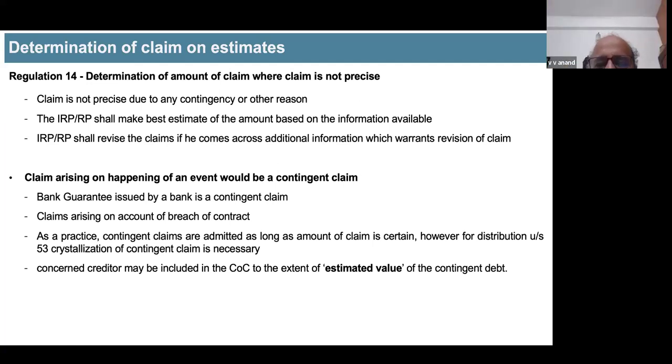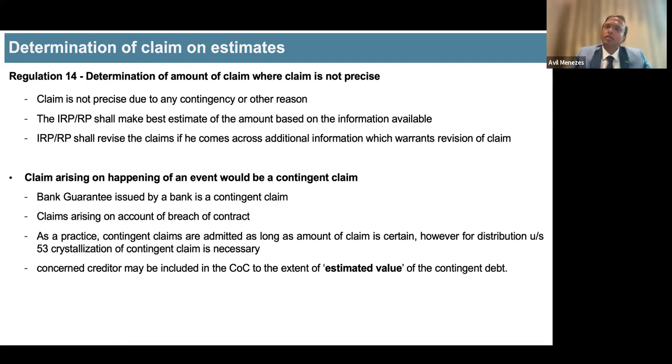Avil, you are assuming that if it is unacceptable, then the only reason would be delay in submission. No. Unacceptable in the sense the claims may be time barred, or the claims are not substantiated. So you reject claims in the normal course.